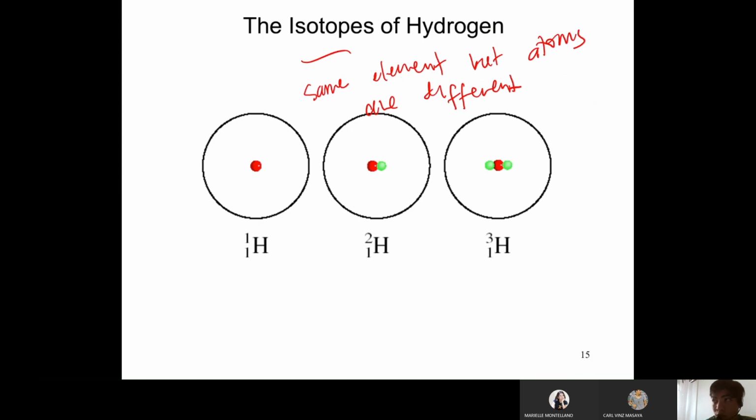Itong isotopes kasi produkto lang to ng mga discoveries ni na Becquerel, ni na Marie Curie. So late na yan. Mga World War I era na yan. So patay na si Dalton nun. But anyway, so alam na natin that our elements may still have different atoms. So for isotopes, ano yung difference lang nila? Their mass number changes.